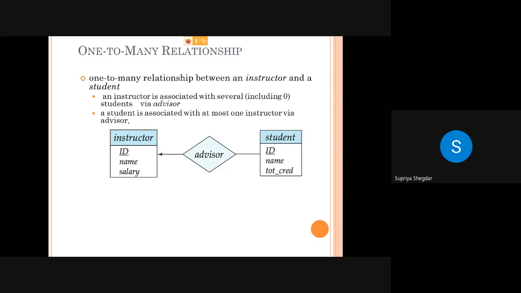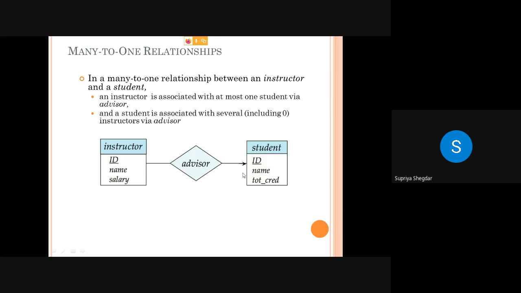It is represented as an arrow attached to the instructor, which shows that there is only one instructor, and a simple undirected line attached to the student, which says the number of students. So the one-to-many relationship is represented like this.